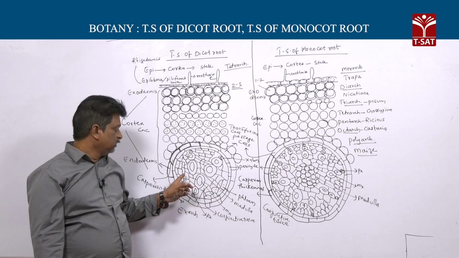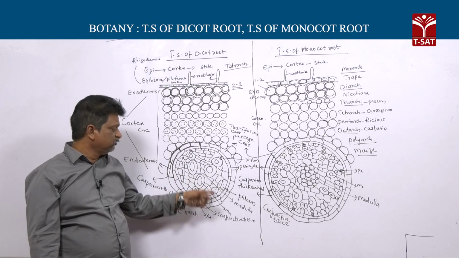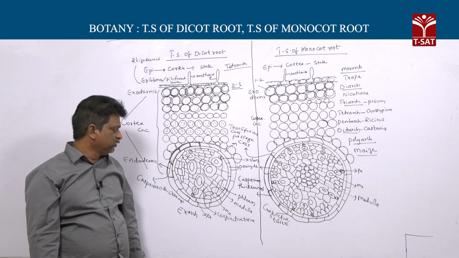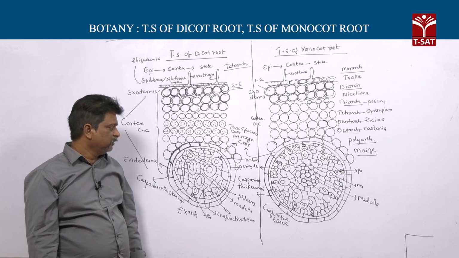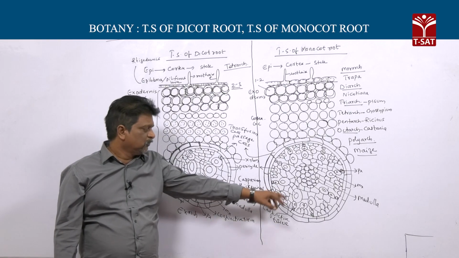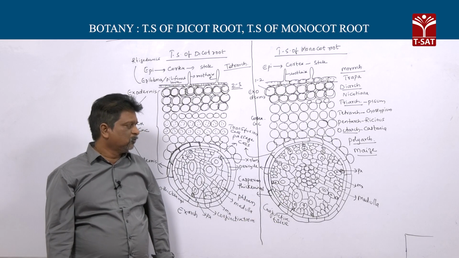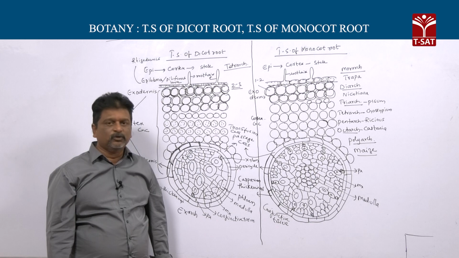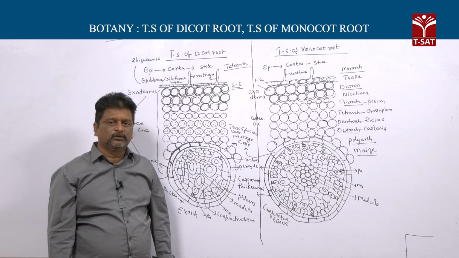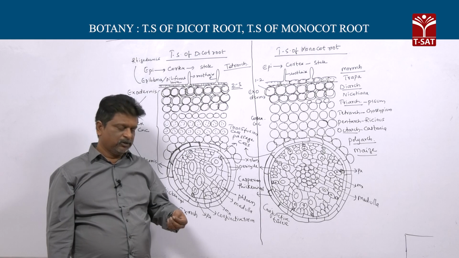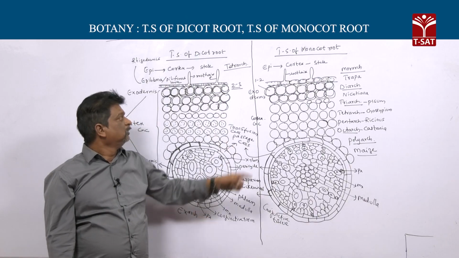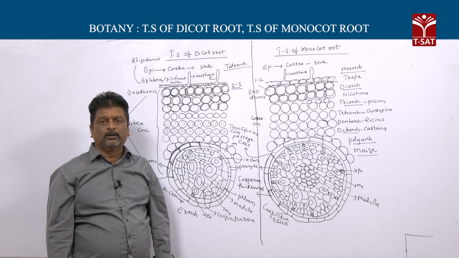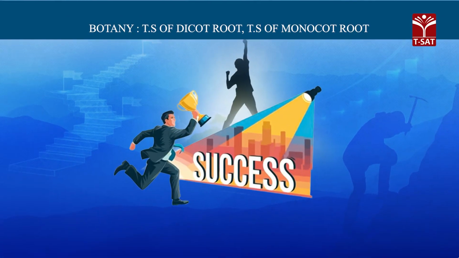Then in dicot root, conjunctive tissue by dedifferentiation produces vascular and cork cambium. But in matured monocot root, conjunctive tissue is sclerenchymatous. So these are about dicot and monocot root.